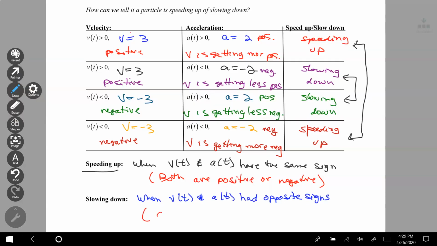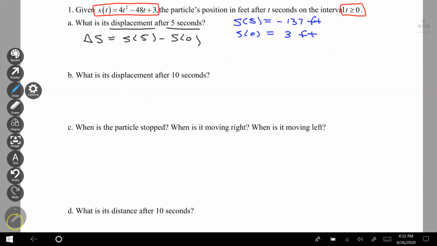That means one is positive and the other is negative. And that's kind of the summary of how we can tell if something is going faster or slower.